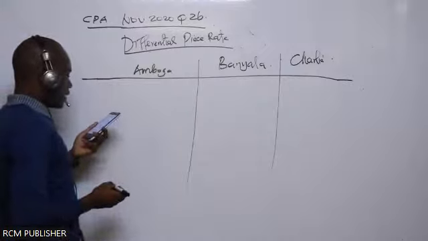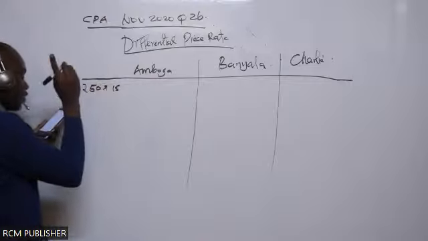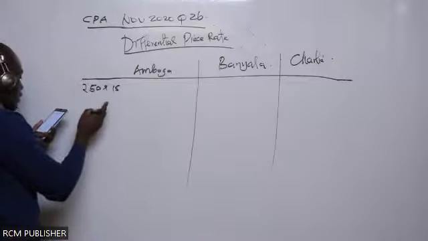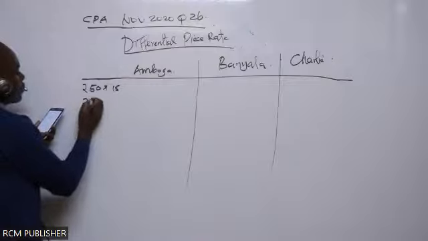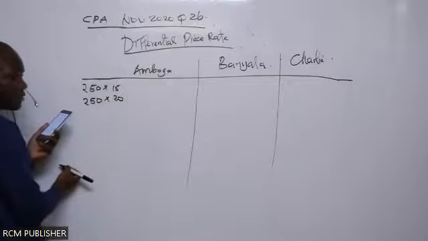The units that hamburger produced is given to us there as 2,000 units, but the good units is 1,800. So the first 250, hamburger will be paid 15 shillings. If it exceeds 250 by even 1 unit, he is entitled to 20 shillings per unit. So the next 250 units will be paid 20 shillings per unit.